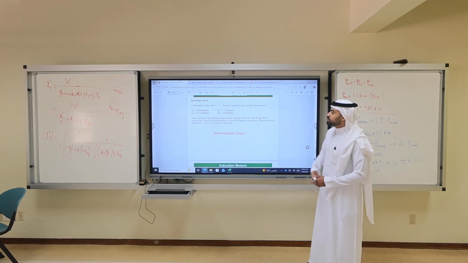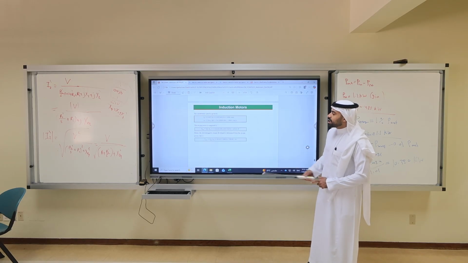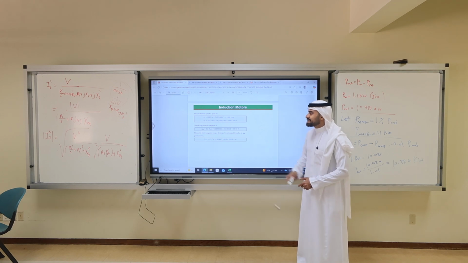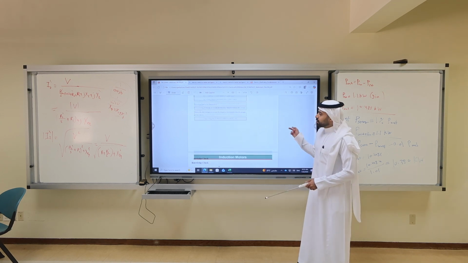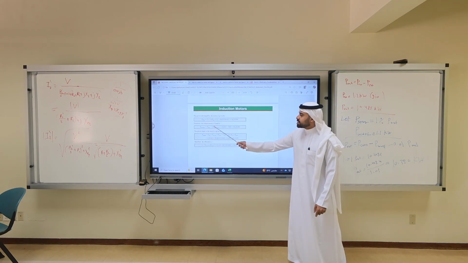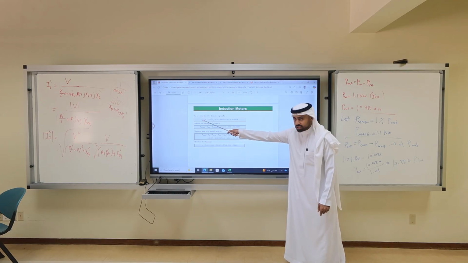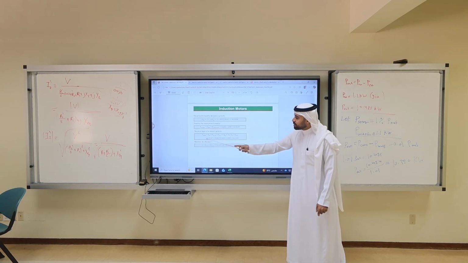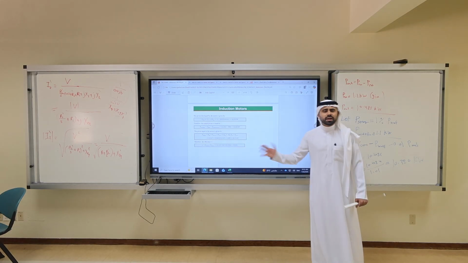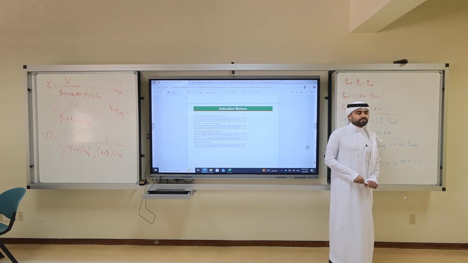Then he asked about the electromagnetic torque. He got the air gap power from 3 I2 squared R2 over S. Then he calculated developed torque as power over omega sync. In the last example, for the output power, he subtracted the rotational losses from the developed power. Then he calculated the output power. Then he calculated the input power, and from that the efficiency. A similar example, because it's additional.